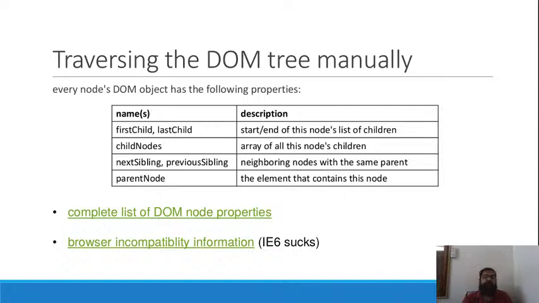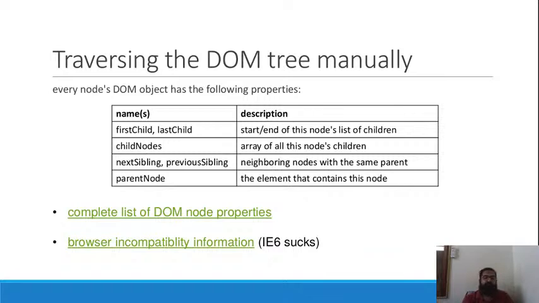Then childNodes will be an array of all the child nodes of this node. Then you have nextSibling and previousSibling, the neighboring nodes with the same parent. Then you have parentNode, the element that contains this node.